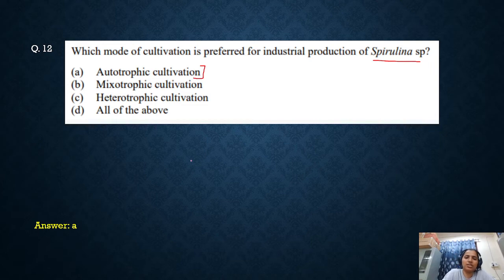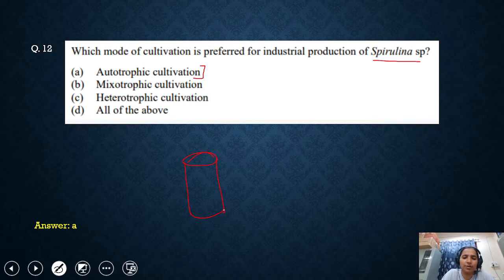You have seen the pictures in your slides or in the lectures, where glass type fermenters are mainly used so that light can come, and it's mainly a green color, meaning chlorophyll is also present there, and from the sun it will take the energy, or from the light source you can say.